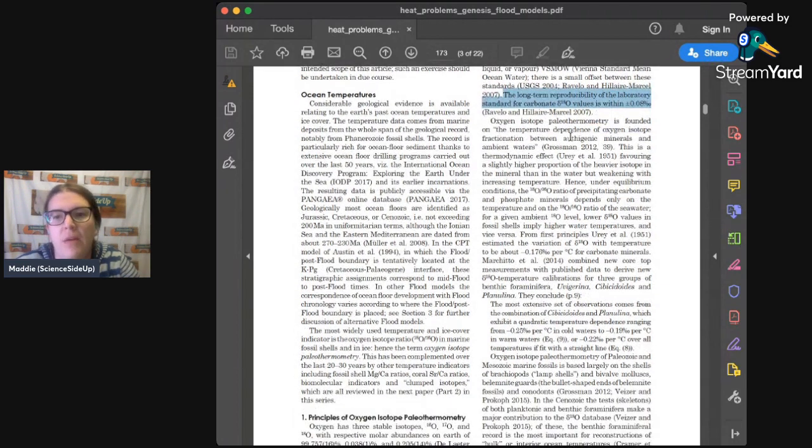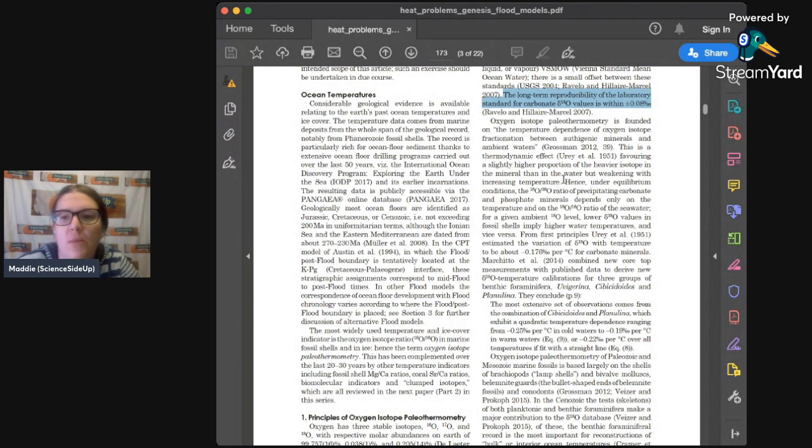Oxygen isotope paleothermometry is founded on the temperature dependence of oxygen isotope fractionation between authigenic minerals and ambient waters. Cool. This is a thermodynamic effect favoring a slightly higher proportion of the heavier isotope in the mineral than in the water, but weakening with increasing temperature. So the colder it is, the more oxygen 18 you'll see in a mineral versus in the water, is what that said.